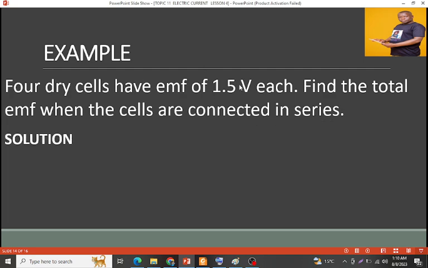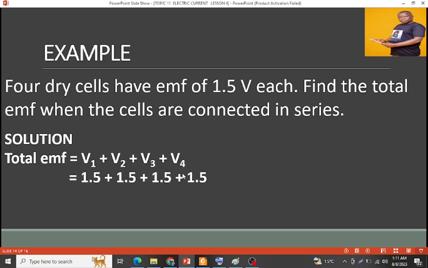So if one cell has 1.5 volts, then 4 cells will have 4 times as much. So total EMF is going to be the sum of the individual EMFs. So you have 1.5 plus 1.5 plus 1.5 plus 1.5. You add them up, you should get 6 volts.